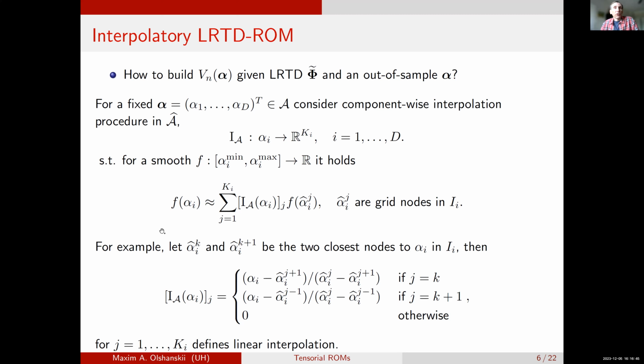So, for example, we can use just linear interpolation between the closest points in the parameter domain. In this case, these are obvious formulas. So only two non-zero entries in each vector here. Or we can do a high order polynomial interpolation, or we can use something else.